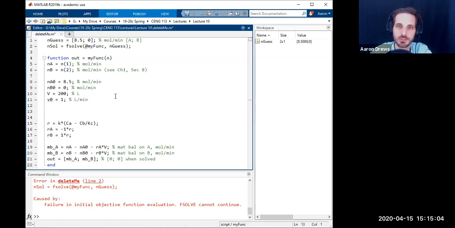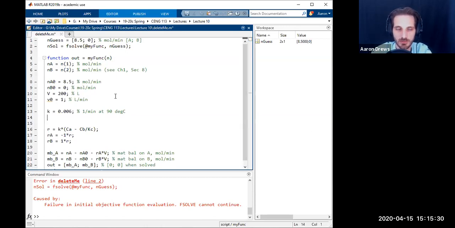Then we did some calculations in the previous problem that I'm just going to hijack here and put in there, but we could always do these calculations here. And so we know that K was 0.006, in units of 1 per minute. That was the adjusted value at 90 degrees C. It was 0.06 at 60 degrees C with units of per hour, and then we adjust for temperature and units. Similarly, our KC was 3.67, and this was at 90 degrees C as well.